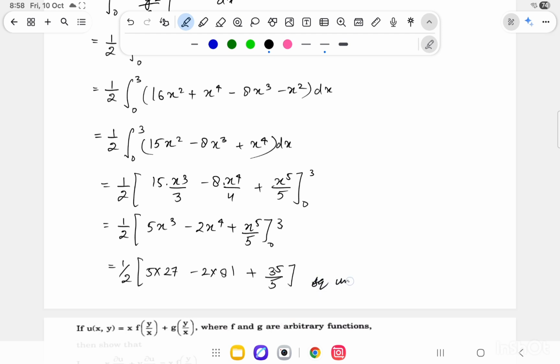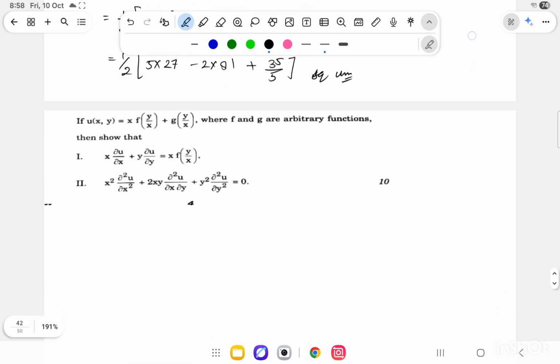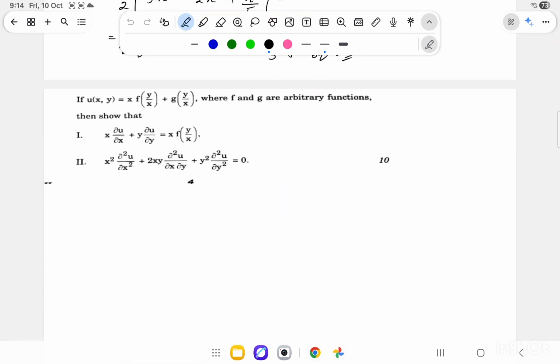Square units. So let's move on to the next question. In the next question, they have given us a function u, that is x times f(y by x) plus g times g(y by x), where f and g are arbitrary functions, and we are supposed to show these relations.